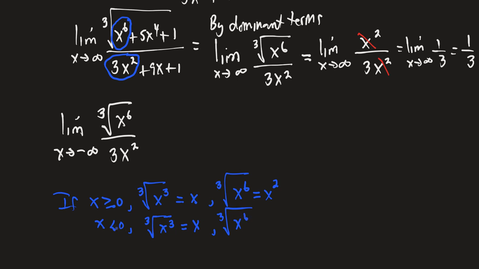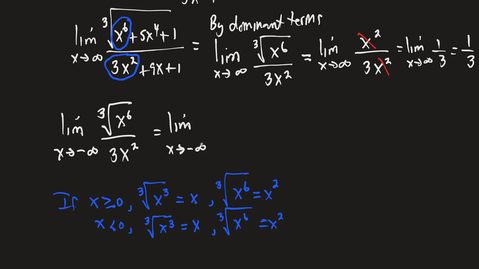See, what happens is if x is negative, when you raise it to the sixth power, it becomes positive, and then you end up getting this same result back. So in this case, because of the cube root, this step is exactly the same. The cube root of x to the sixth will simplify to x squared regardless of whether x is positive or negative.